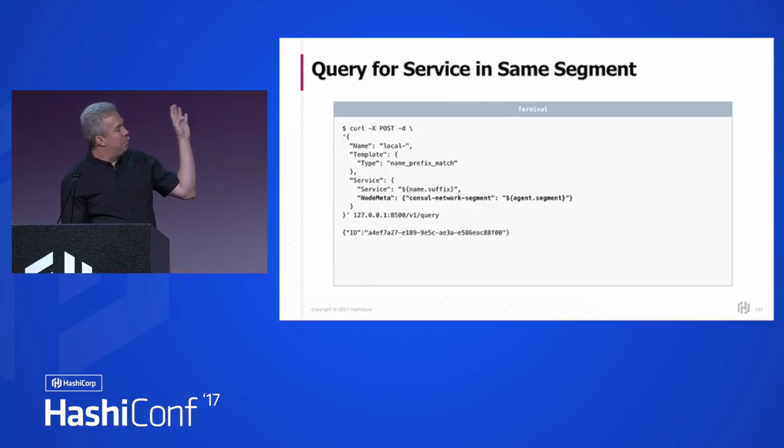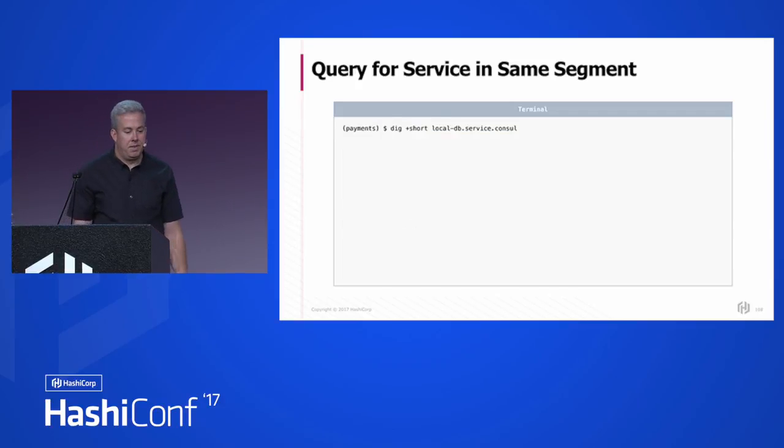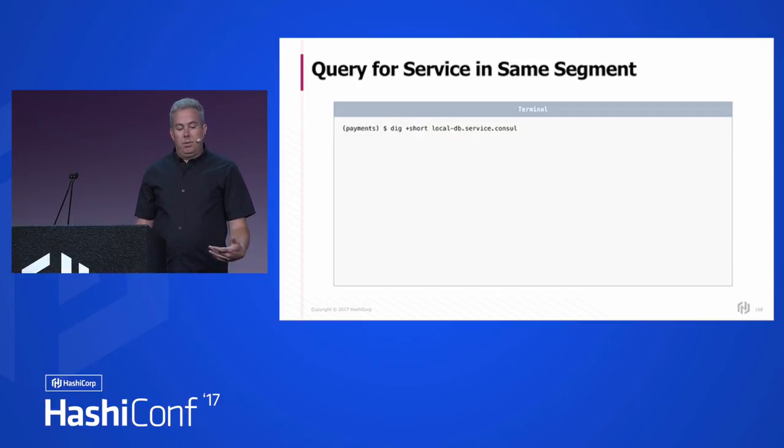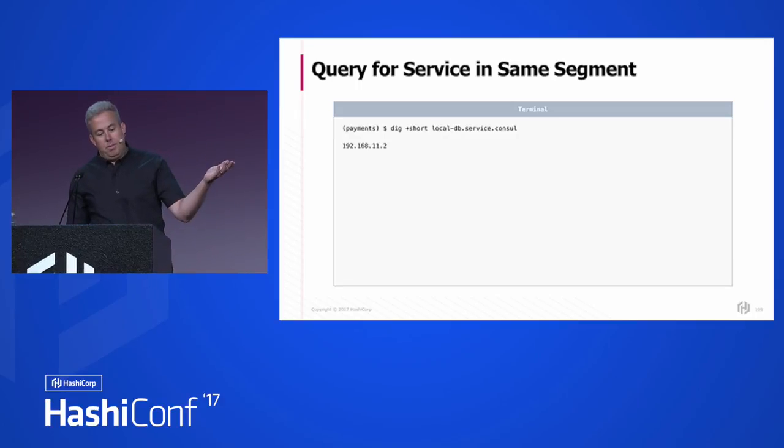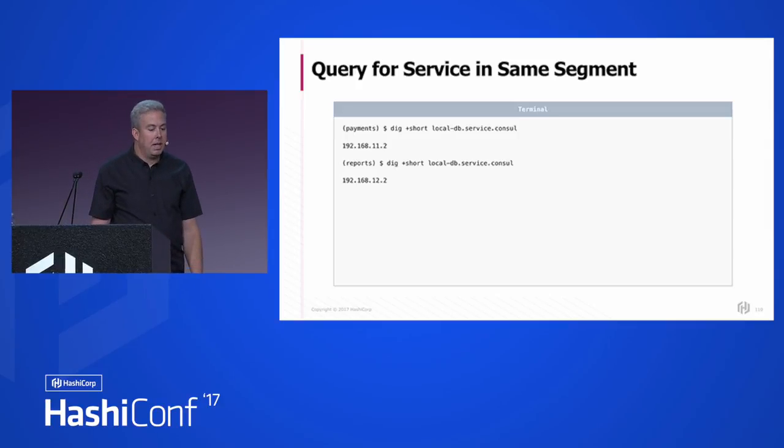Using the same prepared query feature, we just set a filter. We say, find that service name, but find the one that's in the segment for the agent that's making the request. So if I do local DB from the payment segment, I get that DB's address, and if I'm running that from the report segment, I get a different one. The service name is the same, but I'm getting the one that's scoped to my segment.